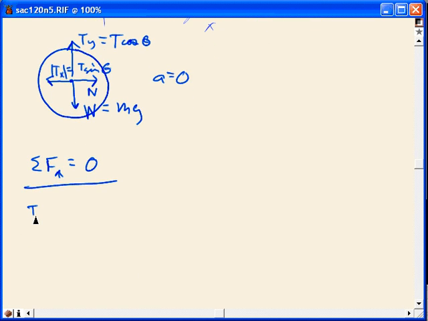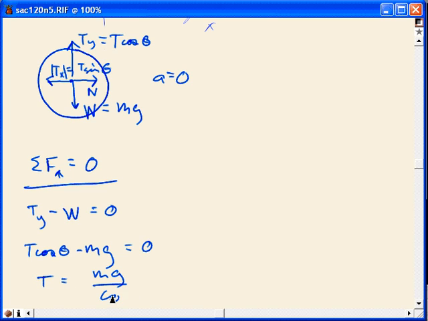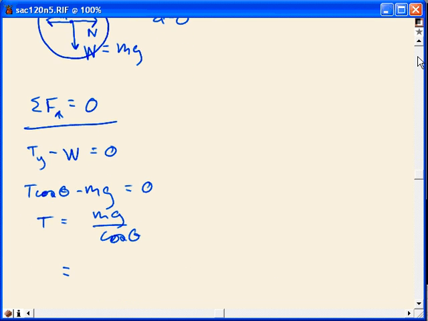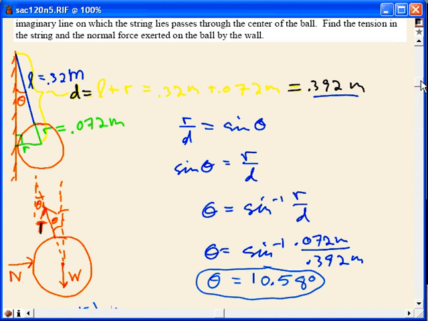So I got Ty minus W is equal to 0, or T cosine of theta minus mg is equal to 0, so T is equal to mg over the cosine of theta. Did they give us the mass?